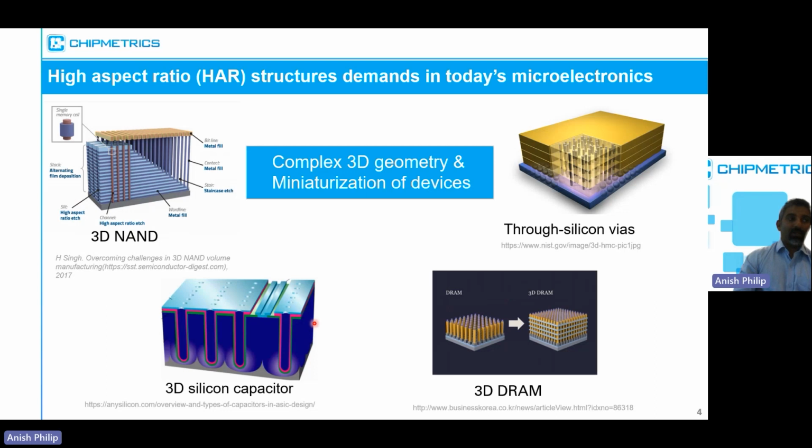For this three-dimensional process monitoring, we need a cross section, and all those are very tedious. And this implicates the importance of utilizing some easy technique for the process monitoring in these three-dimensional geometries.